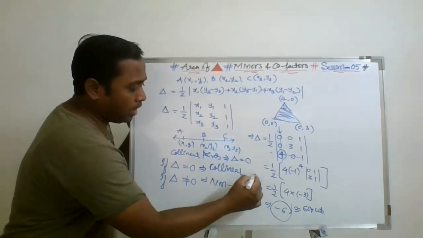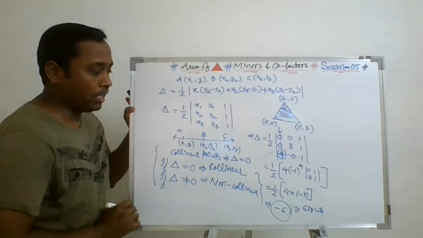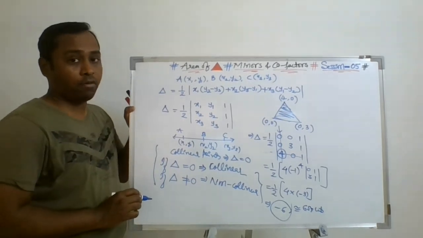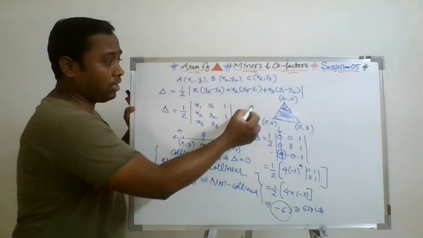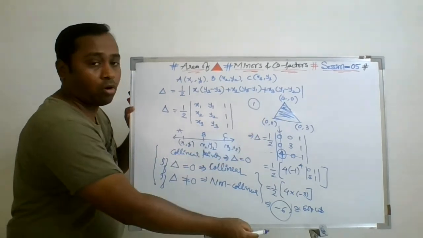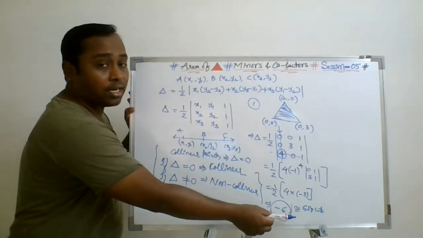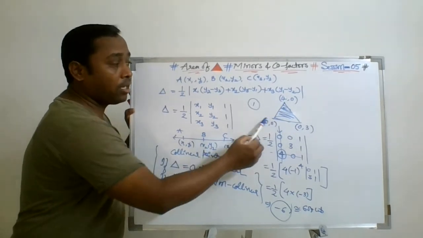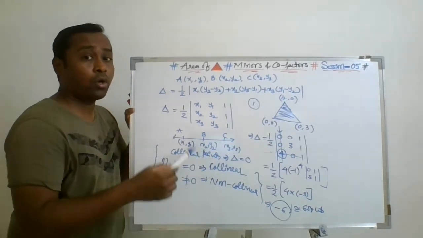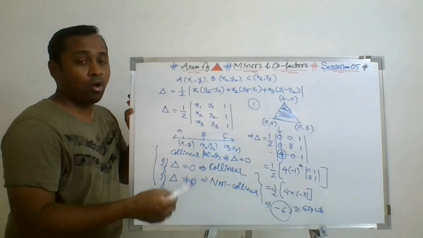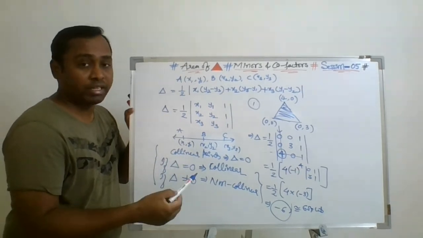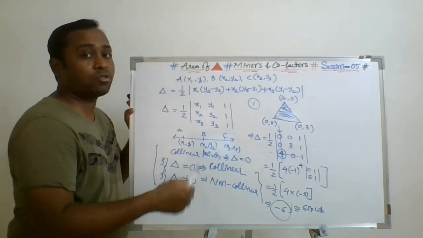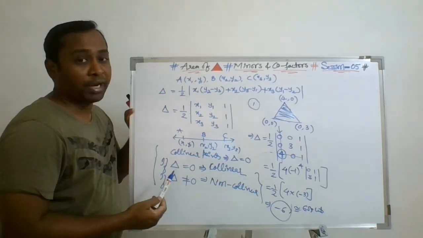So the collinearity concept can also be dealt with the help of area of triangle. Here in the example, the question we have solved, the area of triangle is 6 square units. Hence we can say these three given points are non-collinear points. Non-collinear means they are not in the same straight line, means they can form a triangle in a plane.